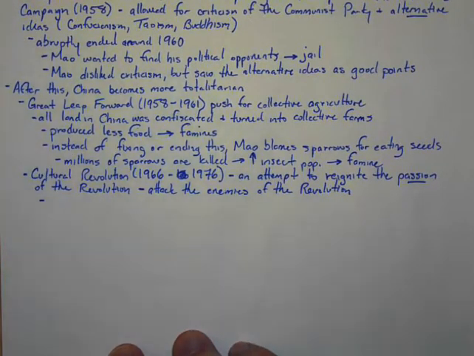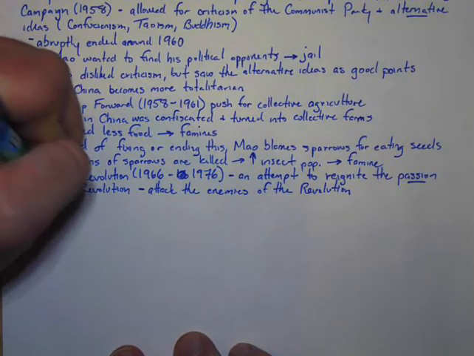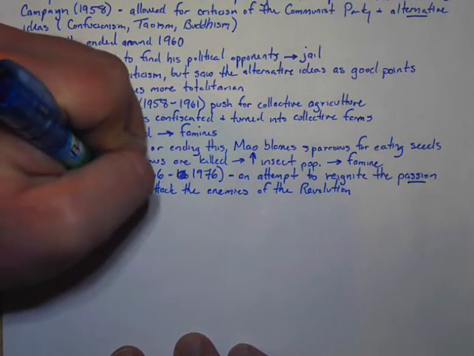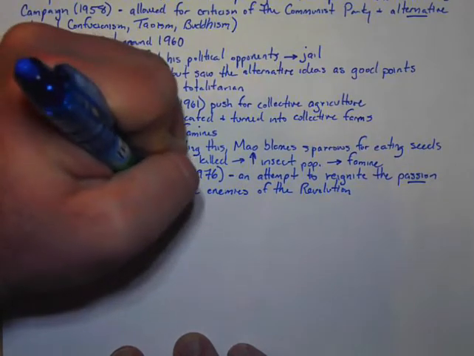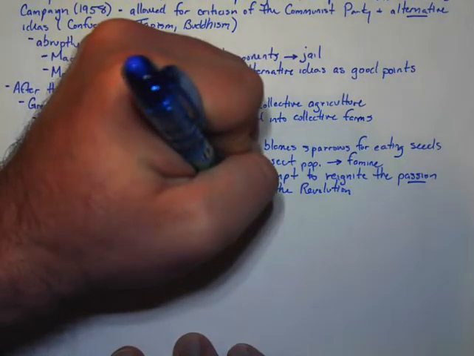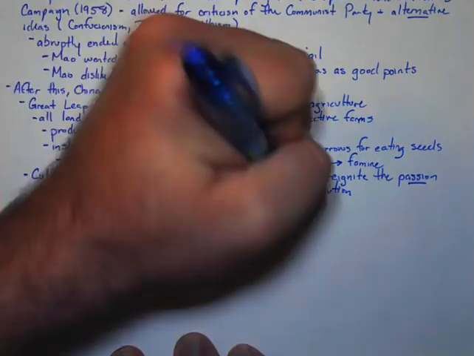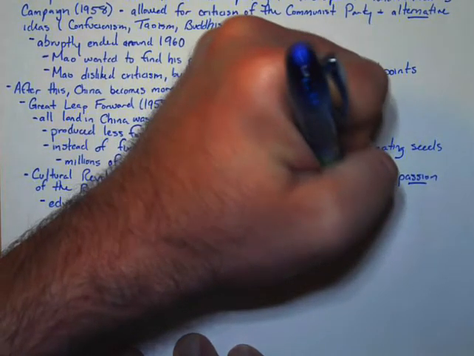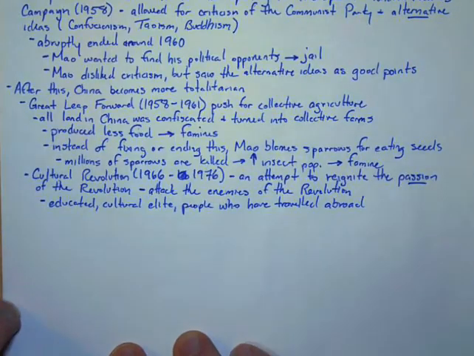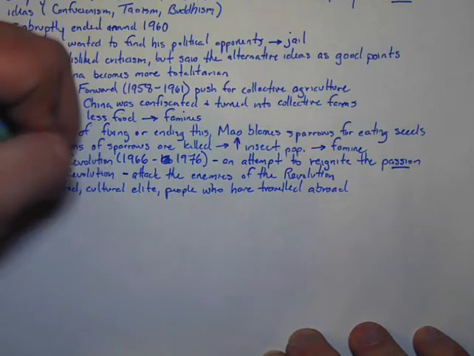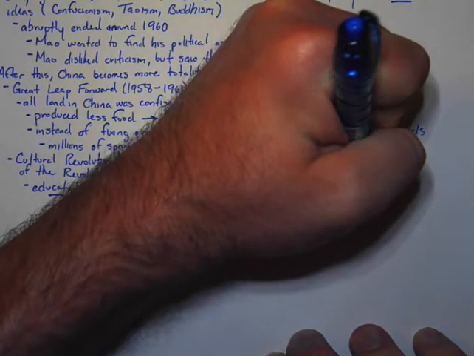Well, they are the educated. They're the cultural elite. They're the people who have traveled abroad. These are the people that are going to be attacked.